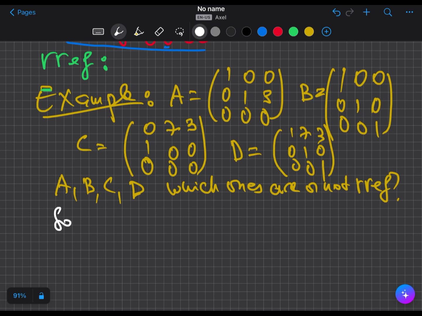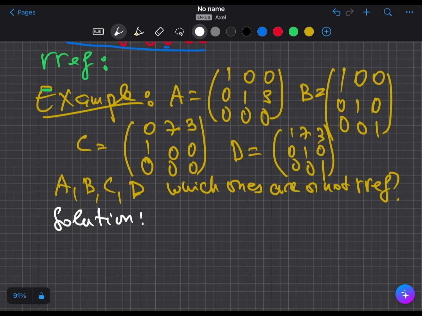Now, as solution, remember the four properties that we said before that a matrix must preserve to be recognized as a reduced row echelon form. We said that a matrix is in a reduced row echelon form if every leading entry is a leading one. Secondly, every entry below and above a leading one is zero.